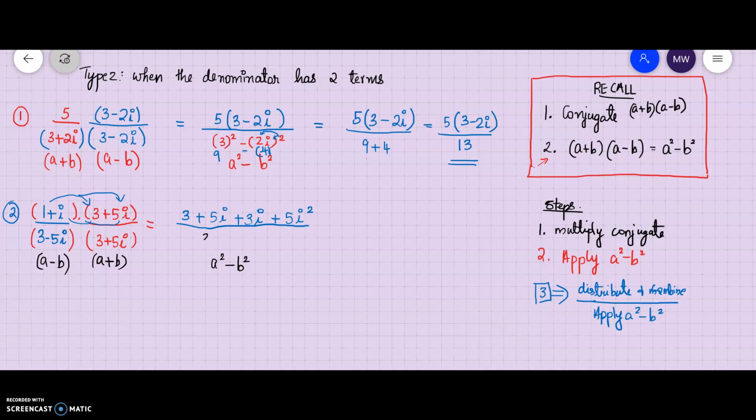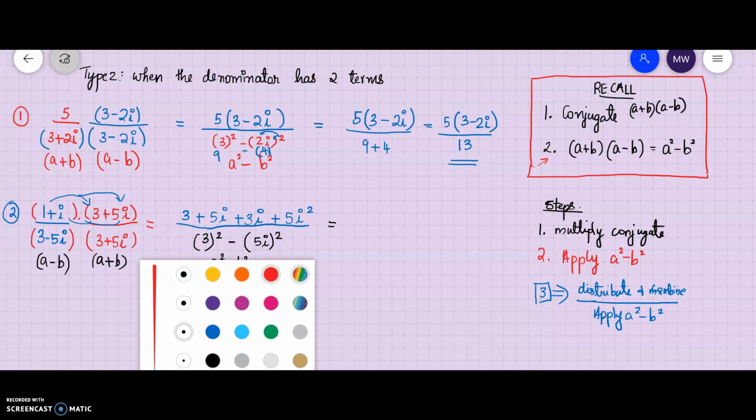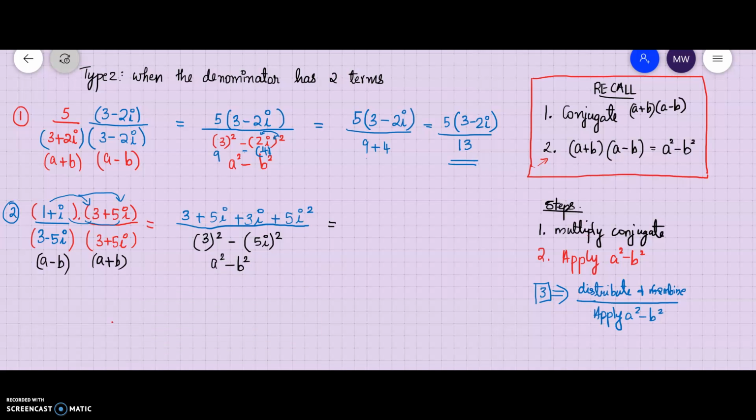So instead of a, we have 3, so we put 3 squared minus, instead of b, the imaginary part is 5i, so you put 5i squared. And here, remember, we have to simplify the terms. Whenever we have i squared, we can simplify it as negative 1. So in this last term, since i squared is negative 1, that negative 1 times 5 changes the last term to negative 5.